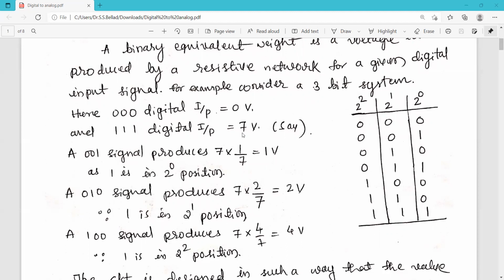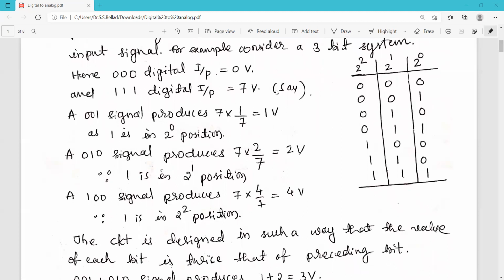Then what I will do, I will divide this 7 volts into 7 levels, like this: 1, 2, 3, like that. 7 levels are created here between 0 and 1, where 1 means the 7 volt.